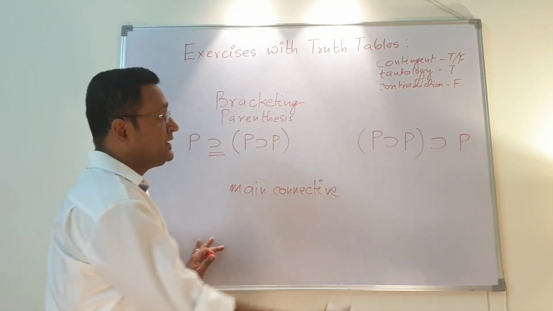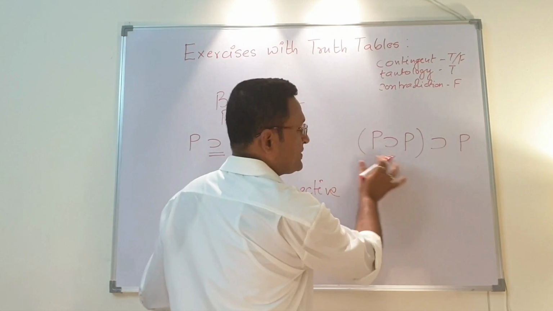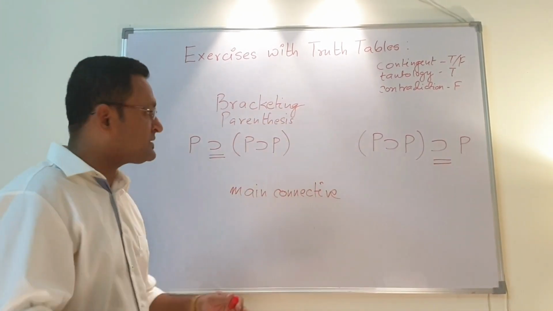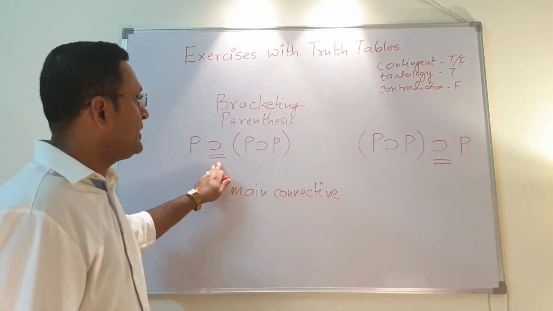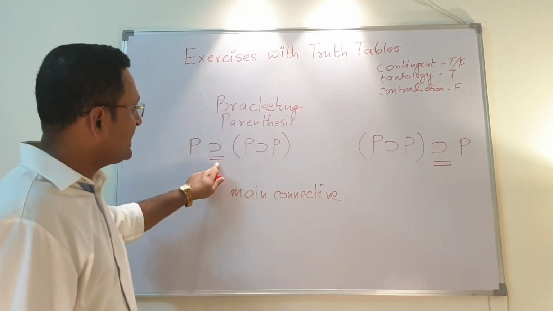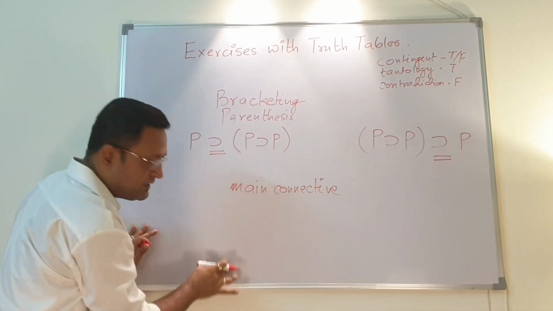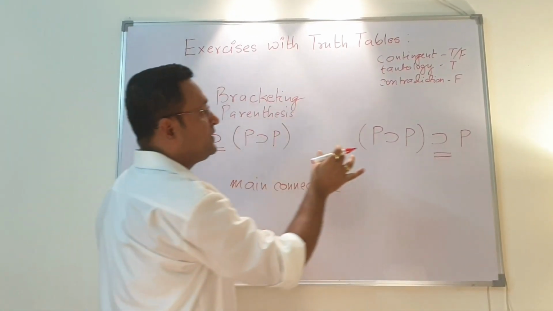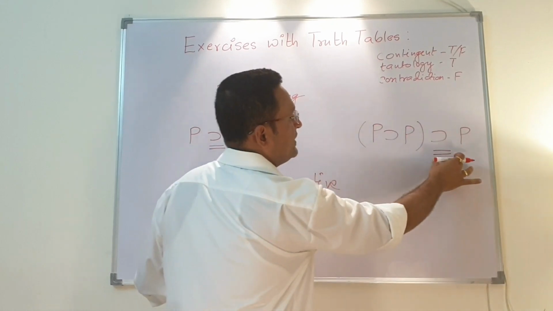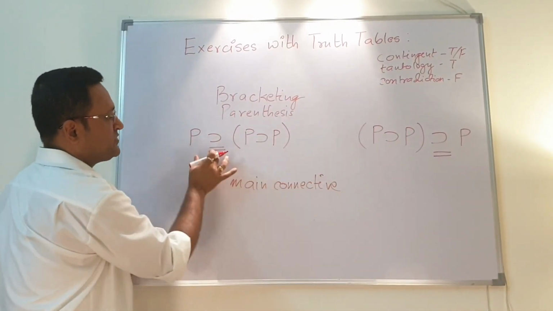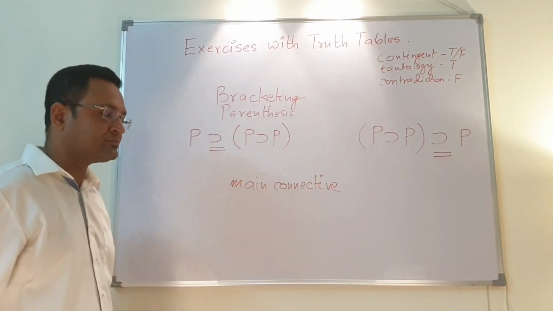On the other hand, the main connective of this question is this implication. Fine. In this question the main connective is this one, because the expression's value is basically the value of this. However, for this expression the value is determined by this implication.